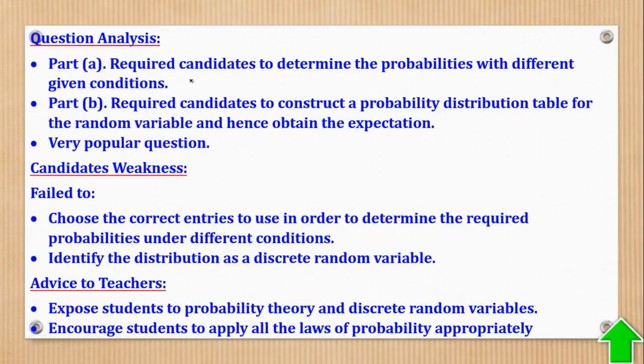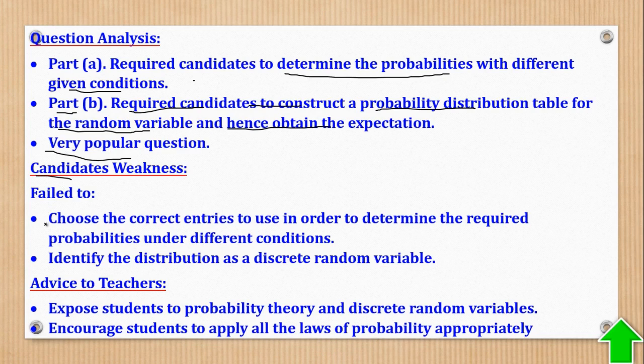So part A required candidates to determine the probabilities with different given conditions. And part B required candidates to construct a probability distribution table for the random variable and hence obtain the expectation. It was a very popular question.